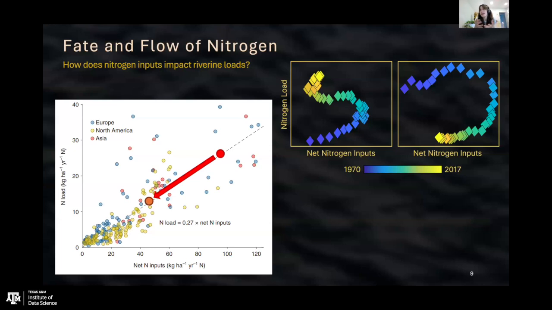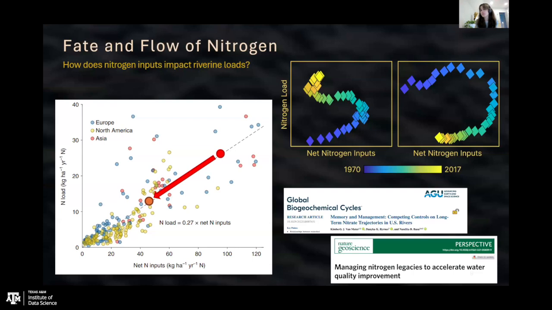So what I'm trying to get at here is that there's this nonlinear response between what we're putting in and what's coming out in the rivers. And this is just to highlight that we really don't have a good grasp on what drives these relationships and why they're so different across space and time. We've dug into a little bit of this in previous papers, and we'll get into a little bit of that in a bit.